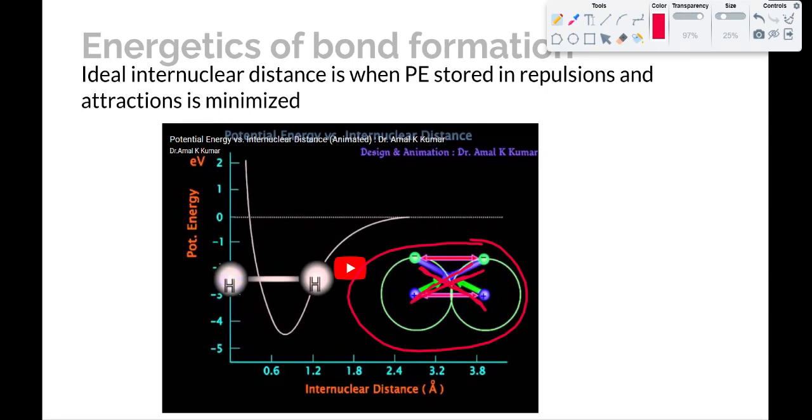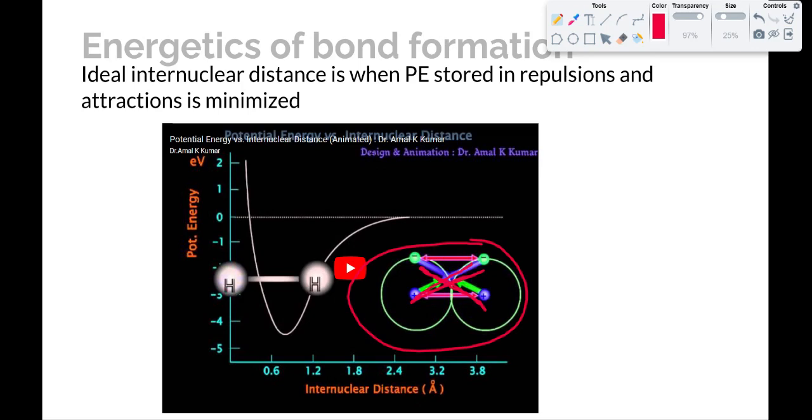You can think of this almost like a spring. And there's one point at which the spring has the lowest energy storage, and that's when the spring is relaxed. If you squish it closer than that position, you store energy in the compression. And if you stretch it farther than that, you store energy in the extension of that spring.